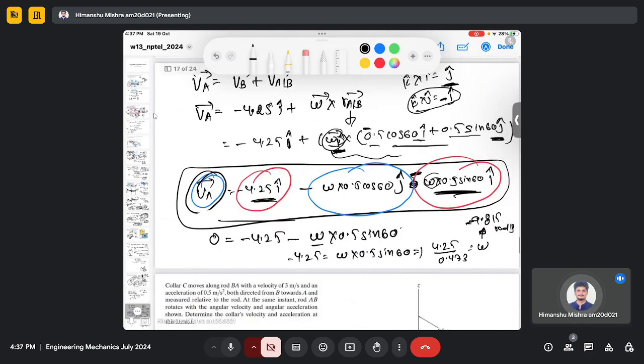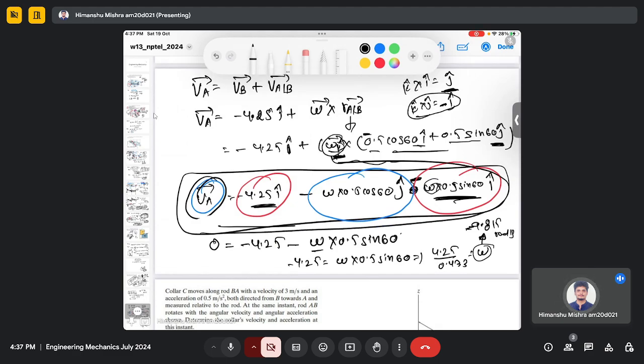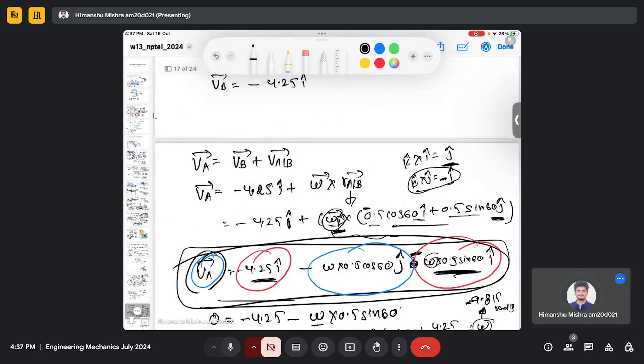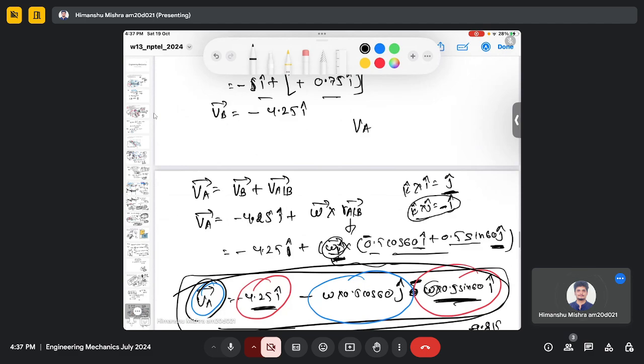Once you get the omega, the angular velocity of that rod, you can again write this equation in terms of the y component. In terms of the y component you will only have VA equals minus omega 0.5 cos 60.